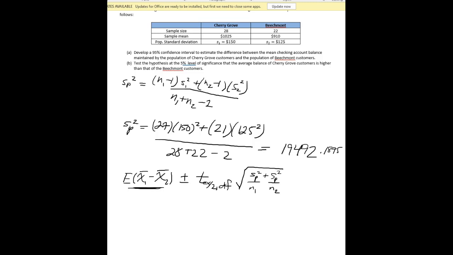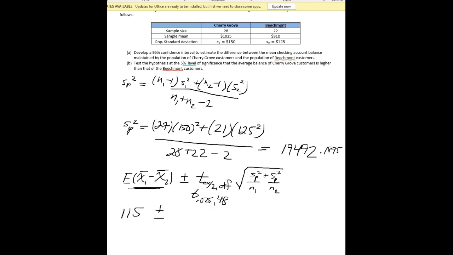All right, so that is 1025 minus 910, which is 115, plus or minus a t alpha half. This is going to be the t of 0.025 comma 48. 48 is just the degrees of freedom of the whole thing, right? So the sample sizes 28 plus 22 is 50, minus 2 is 48.